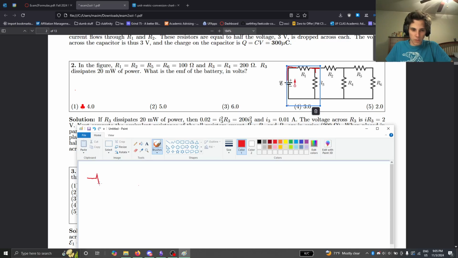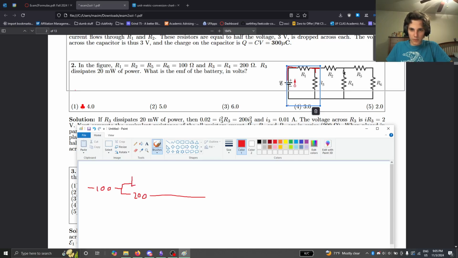First we have R1, which say is 100. Then it splits into R2 and R3. R3 is the 200 ohm, and this is going straight to the end. A little bit of foreshadowing, but we're just going to drag that over.